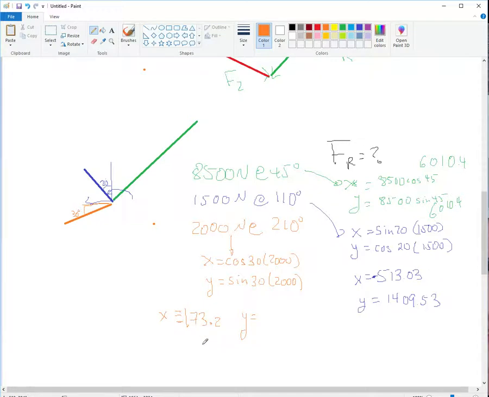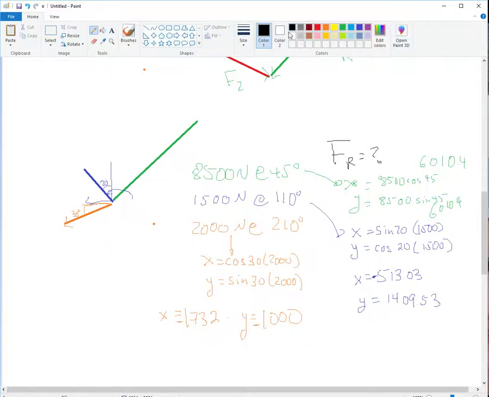Oh, 2000, not 200. Add another 0. There you go. It is 1000, and then the cos should be 1732. Now, the 1000 is also a negative value, because this arrow is going down, so both the x and y are negative.